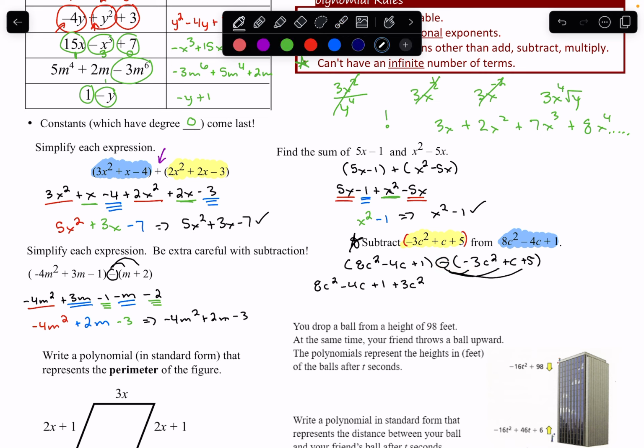The negative c, this negative getting distributed to the positive c gives me negative c, and the negative going to the positive 5 gives me negative 5. And now let's look for what goes together. C squareds, that's 11c squared. I add those together. Negative 4c minus 1 more c becomes negative 5c, and then plus 1 minus 5 becomes minus 4. There's my simplified expression.